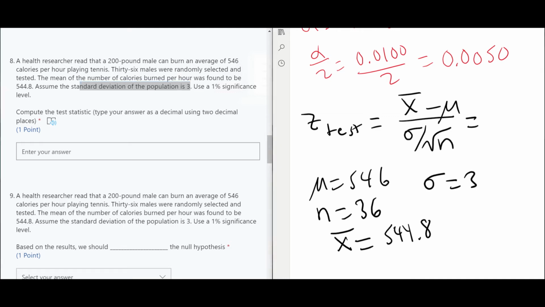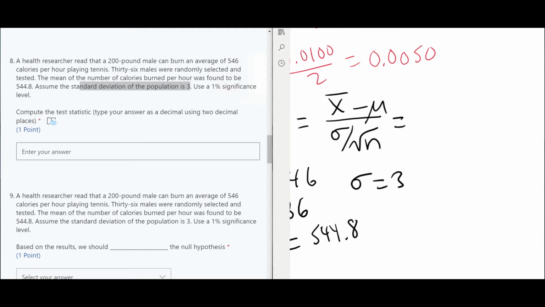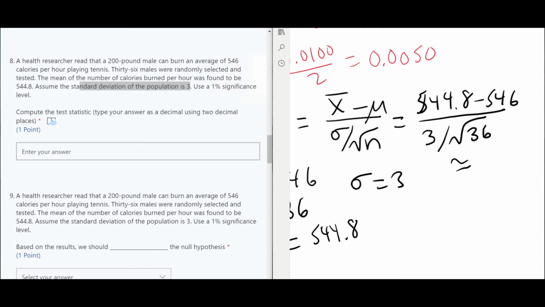So going ahead and plugging those values in, we get 544.8 minus 546 divided by 3 over square root of 36. So we're going to do this on the calculator. Let's see what we get.